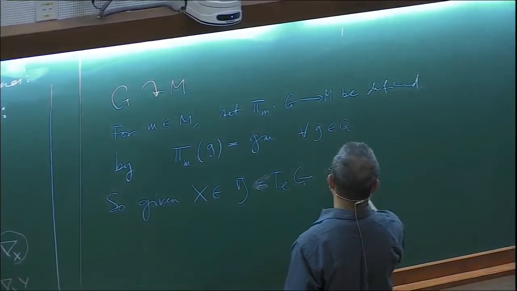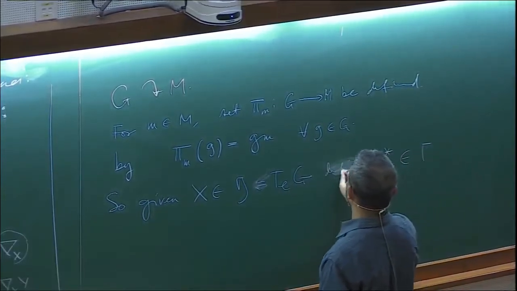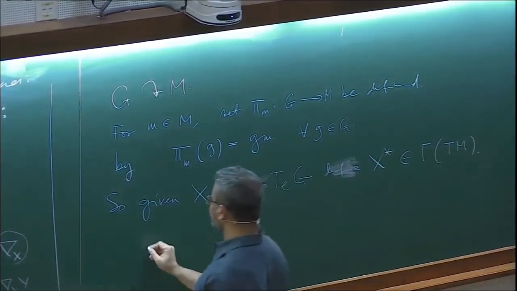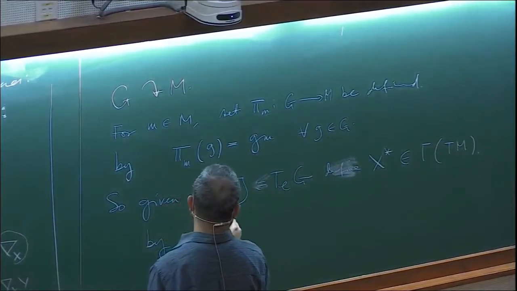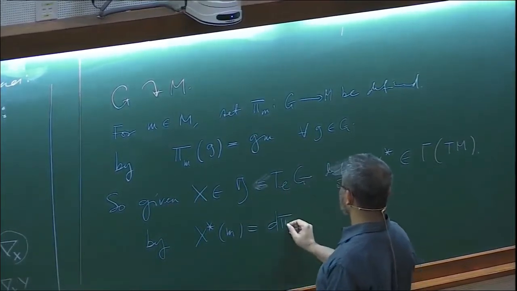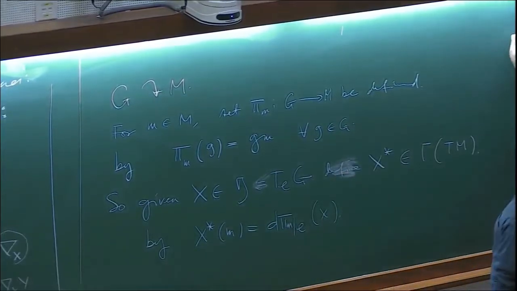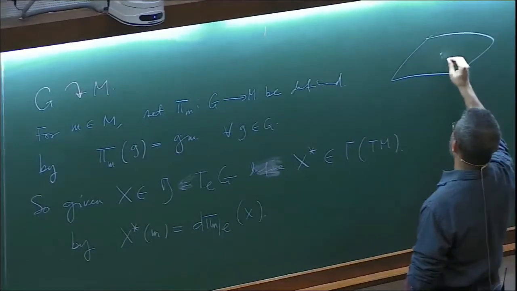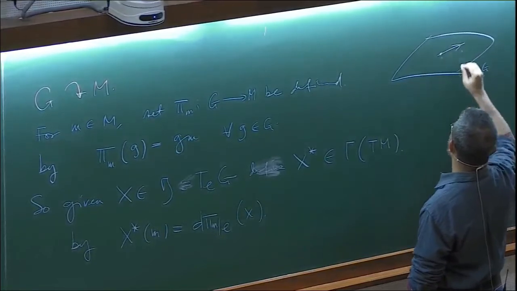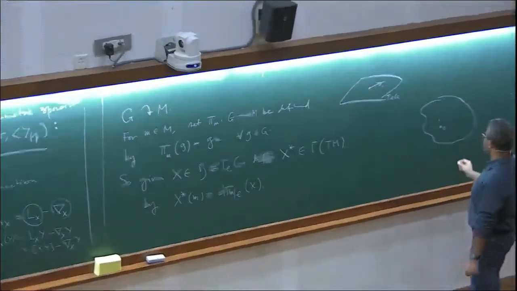So define X star in gamma of M by X star of m to be the differential of phi m at the identity applied to X. So I have the Lie algebra of G, I take a tangent vector, and I have this point m.